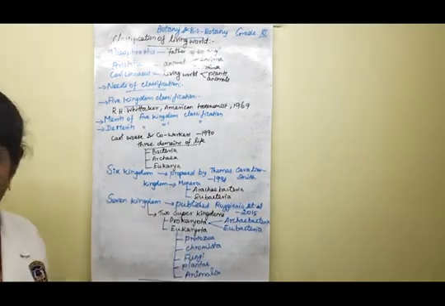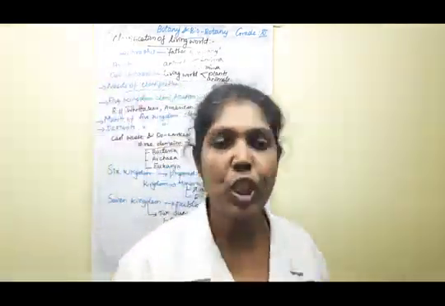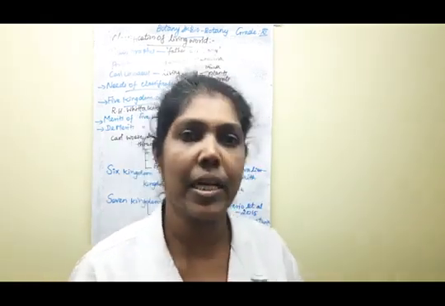So here, one of the new kingdoms in the classification system is Chromista. Which type of organisms are placed under this kingdom?